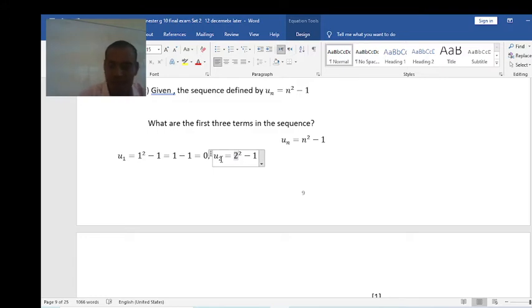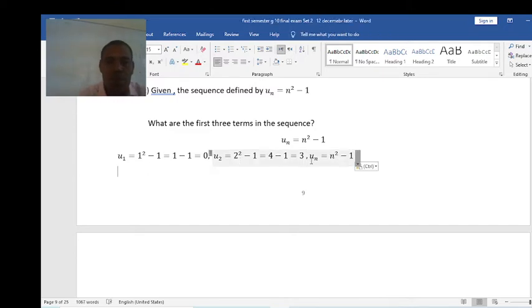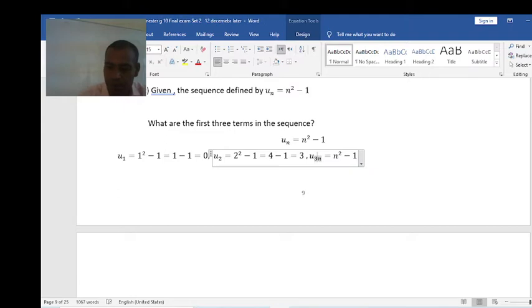Then I will just calculate 2 squared, which is 4. 4 minus 1 is equal to 3. The next, u3, is 3 squared minus 1. 3 squared is 9. 9 minus 1 is equal to 8.